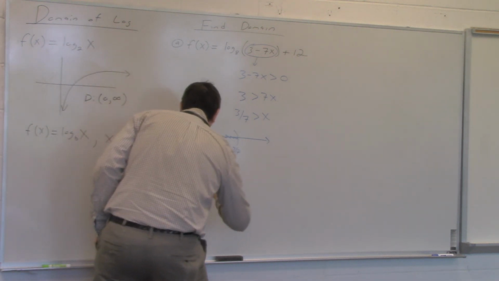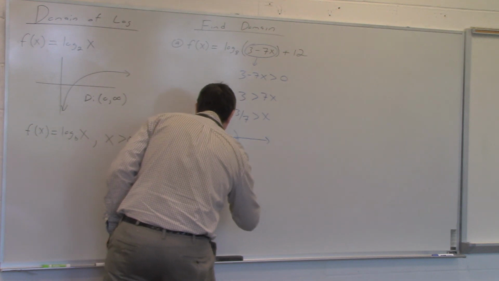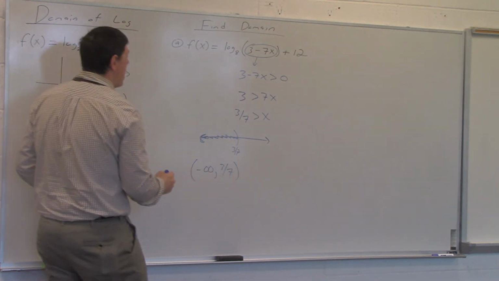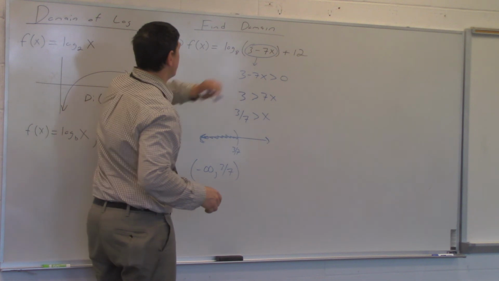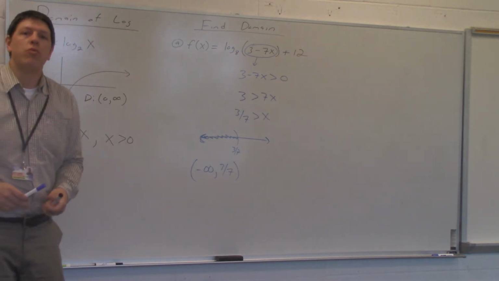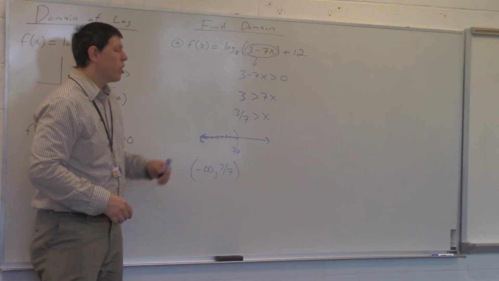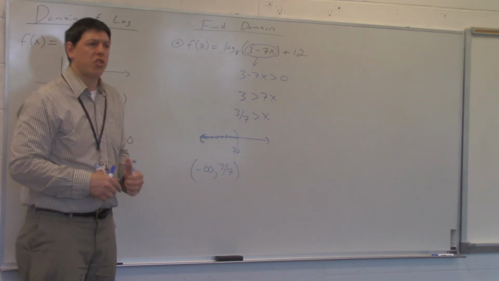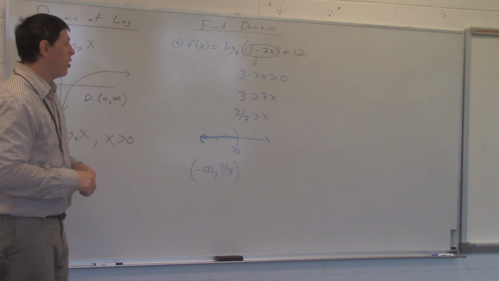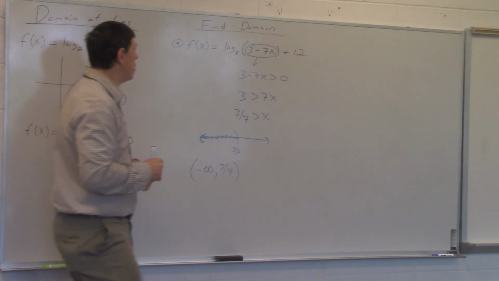So the interval negative infinity to 3/7 is the domain of this logarithmic function. Pretty easy, right? It's just an algebra equation that we have to solve. And interval notation, although a lot of students don't recognize it initially, is something you will pick up fairly quickly. Another example.